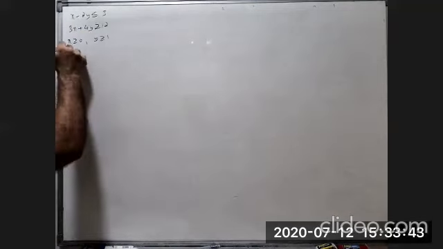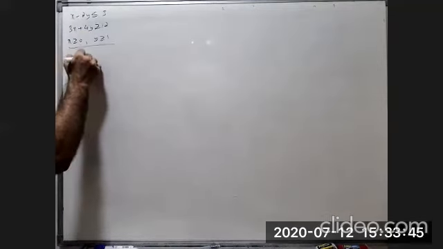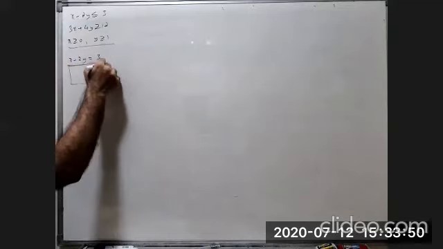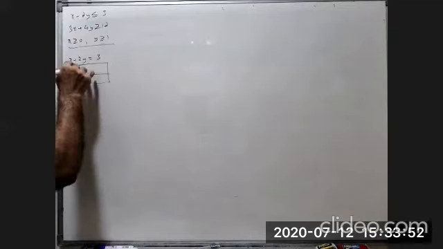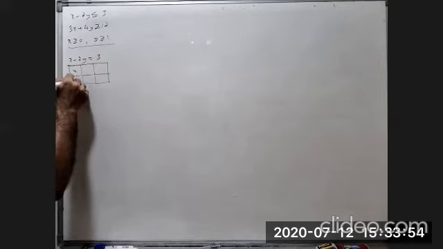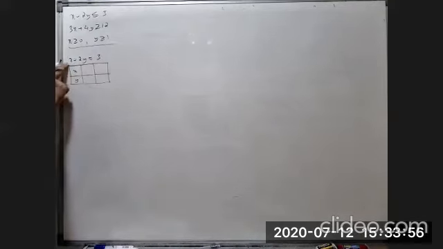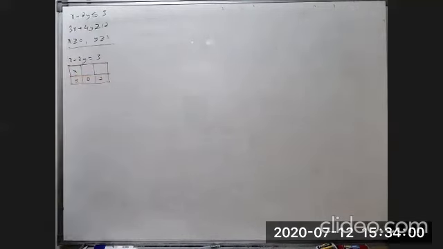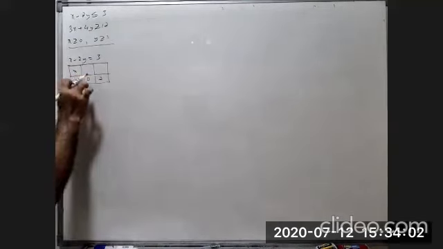Again, first one: x minus 2y is equal to 3. x and y. Coefficient of x is 1, so give values for y: 0 and 2. If y is 0, x is 3.